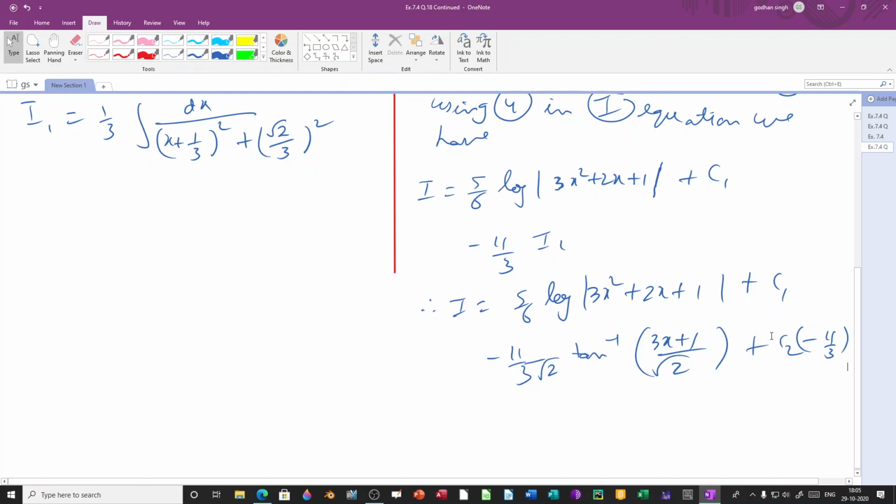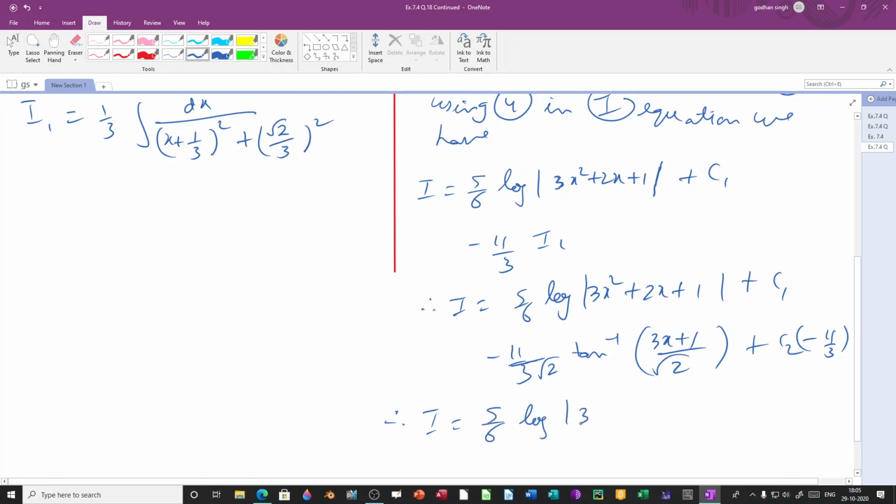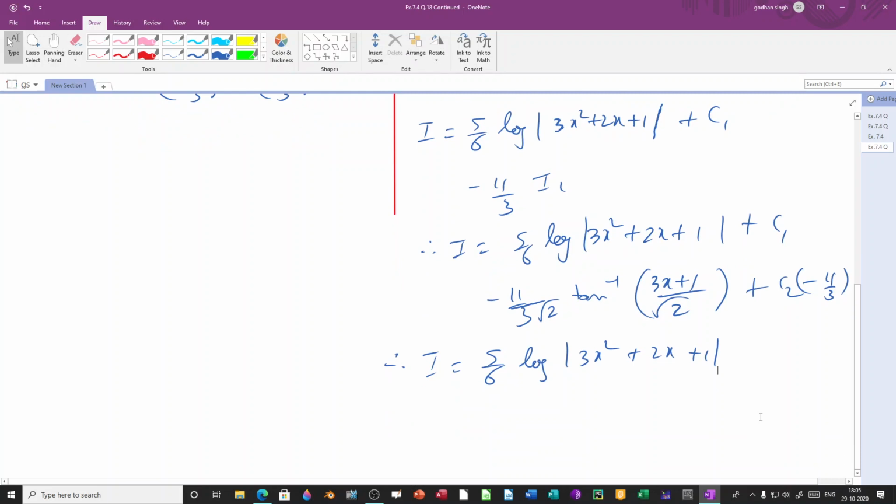So for our final answer, we can combine both these constants and write it simply as C. Therefore the required answer is I equal to 5 by 6 log modulus of 3x square plus 2x plus 1, minus 11 by 3 root 2 tan inverse 3x plus 1 over root 2 plus c, where c is nothing but the combination of c1 and minus 11 by 3 c2.